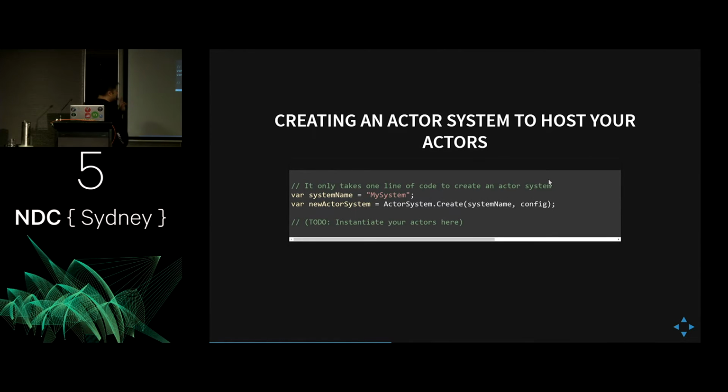Now, in the simplest sense, if you really wanted to create an actor system, it's one line of code, plus maybe the name of the actor system if I inlined it. In a production environment, of course, there's a few more configuration settings that you have to set. You could do that through either HOCON, or you could do it programmatically, which is what we prefer inside of an AWS environment.